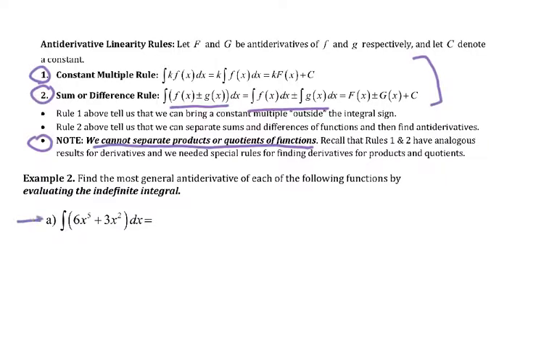Now, this is not typically how you would evaluate this indefinite integral, but I'm going to show you how we could do this using rules 1 and 2. So rule 2 says I can split this up into two pieces.